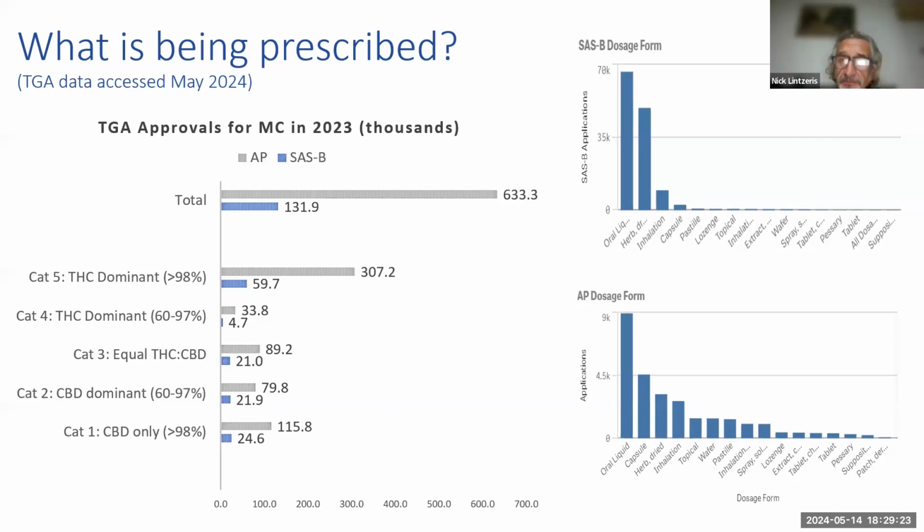Oral liquid for both THC and CBD is by far the most common formulation, but we're seeing marked increases in the prescribing of herb products in recent years. You can see the range of other things that are available, but largely it's oral liquid and herb. We're seeing an increase in inhaler products, and the other stuff's probably very small fry.